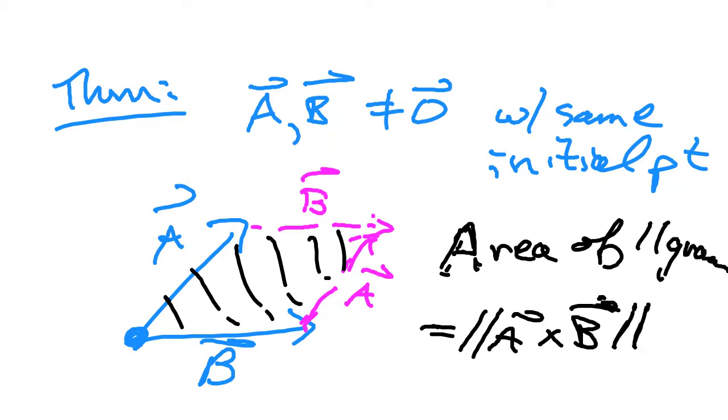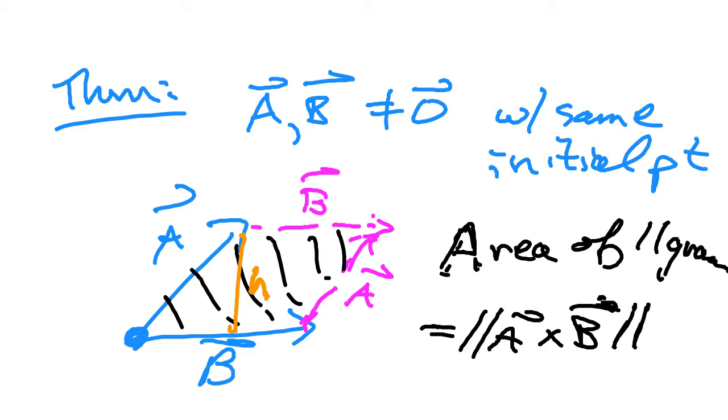How would we prove that? So I do have the proof of this in your notes as well. But what is area? Let's just say, what's area of a parallelogram? It's base times height, right? So there's my height. The question is, what's that height there?